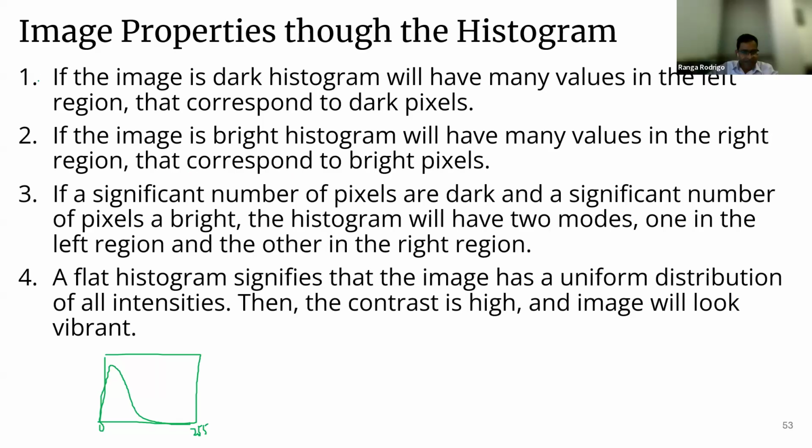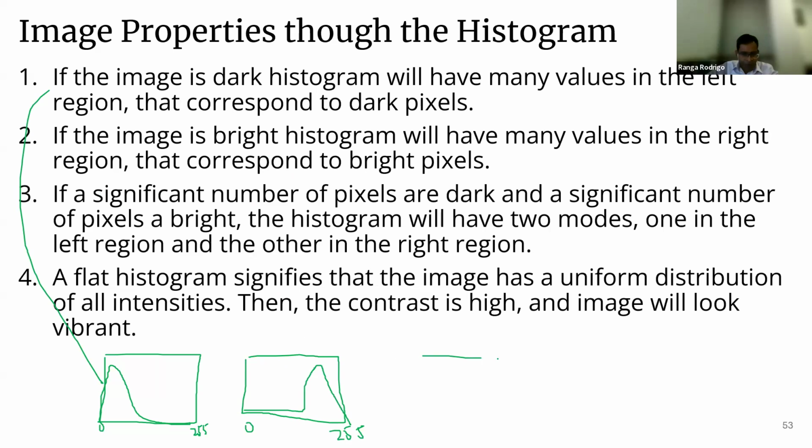If the image is bright, the histogram will have many pixels toward the right, toward the 255 area. That's a bright image.